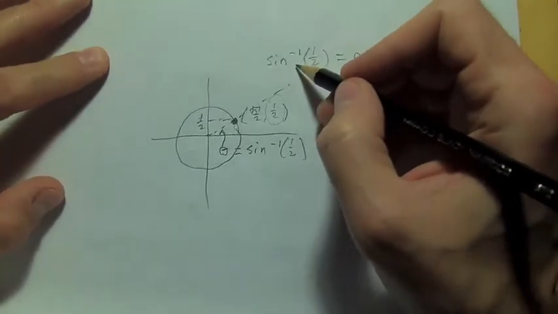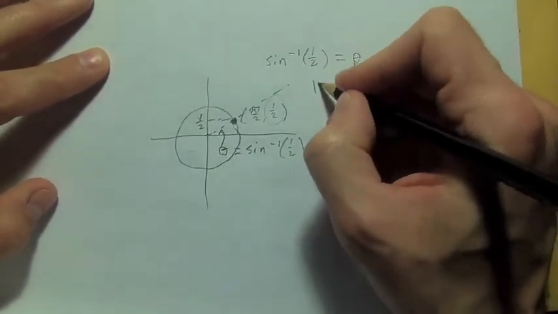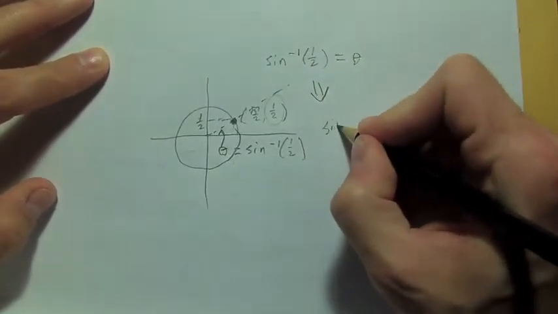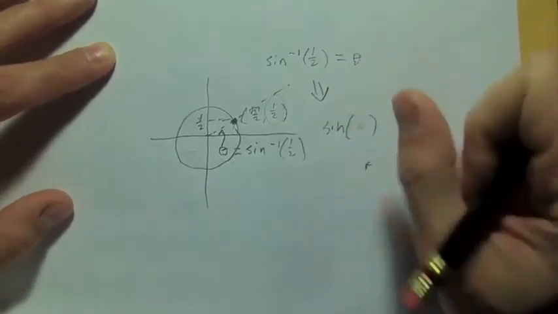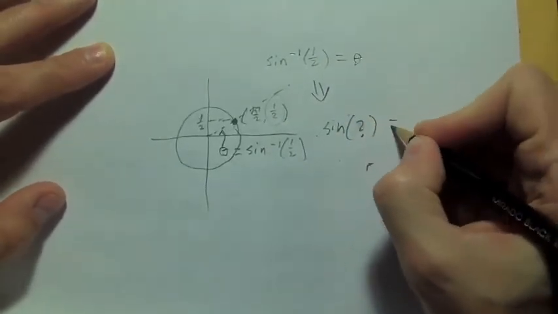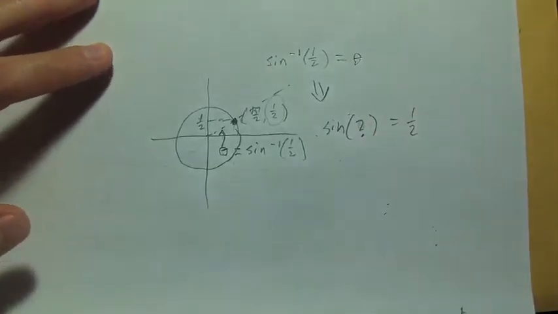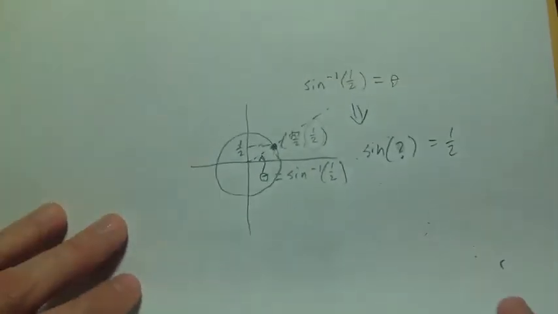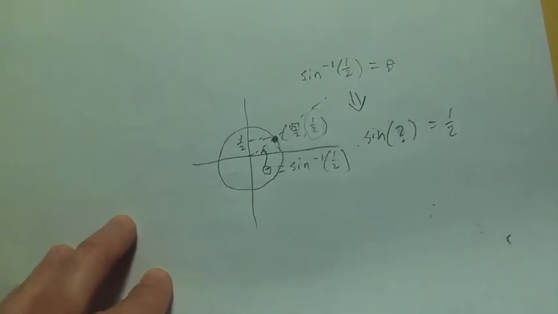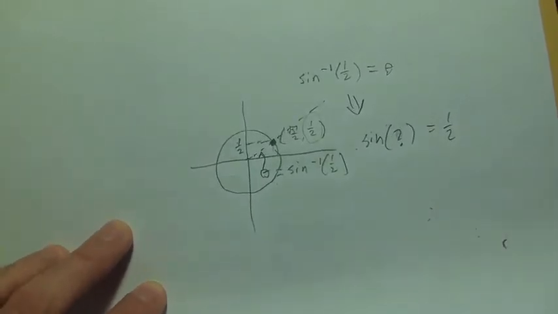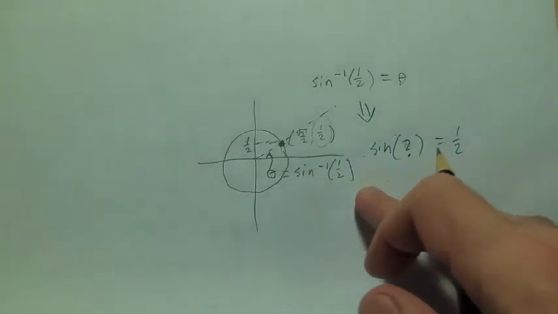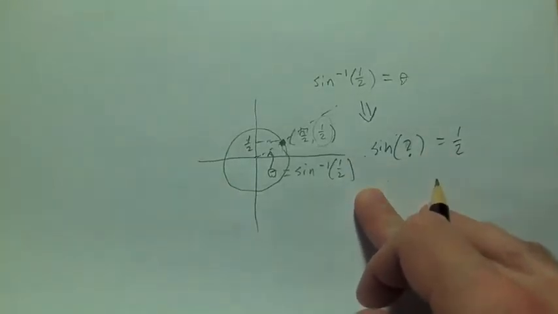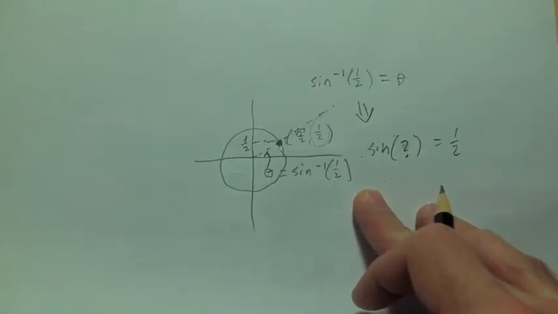In other words, sine inverse of 1/2 tells us sine of what angle, instead of theta, I'll just say what angle will give us 1/2. Now you might be thinking, well, that's tricky because there are a lot of angles that can make sine equal 1/2. If we go back to our unit circle, if I can find it here.